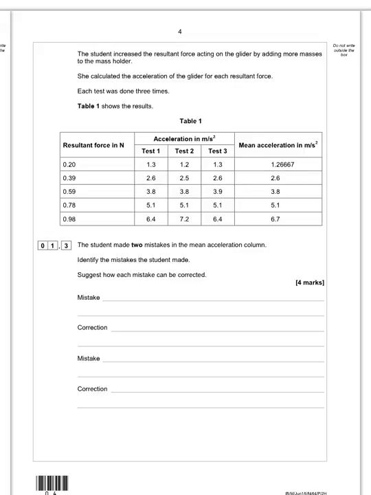This was covered when we did the unit on graph skills and table skills. So we're spotting mistakes in the table of data. So she did the experiment, she increased the resultant force, recorded the acceleration, and calculated the acceleration. Each test was done 3 times. Table 1 shows the results. The student made 2 mistakes in the mean acceleration column.